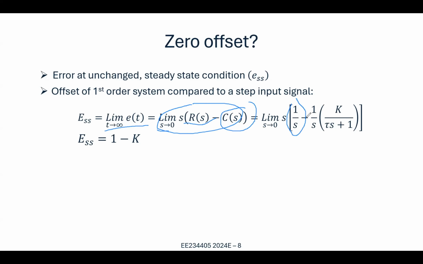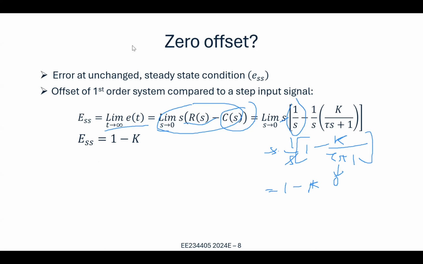If you pull out 1 per s, it would be 1 minus k per (tau s plus 1). And you have s here, which means you can get rid of this. We plug in the value 0 here, and it would be 1 minus k. That's the error. We call it the steady state error, or ESS, which stands for steady state.